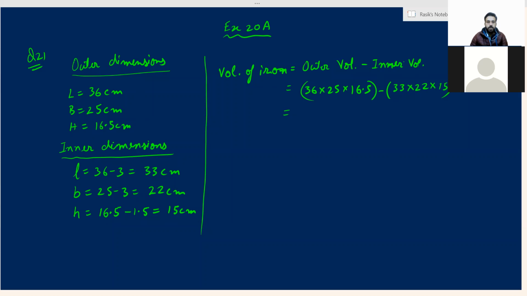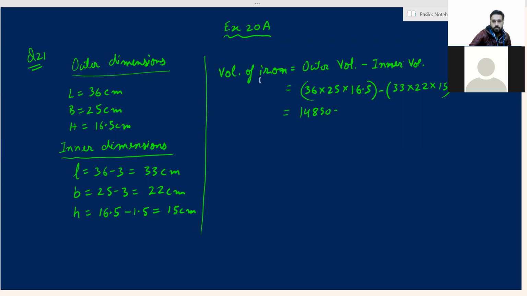What is the outer volume? 14,850 is the outer volume, minus inner volume, 33 into 22 into 15.